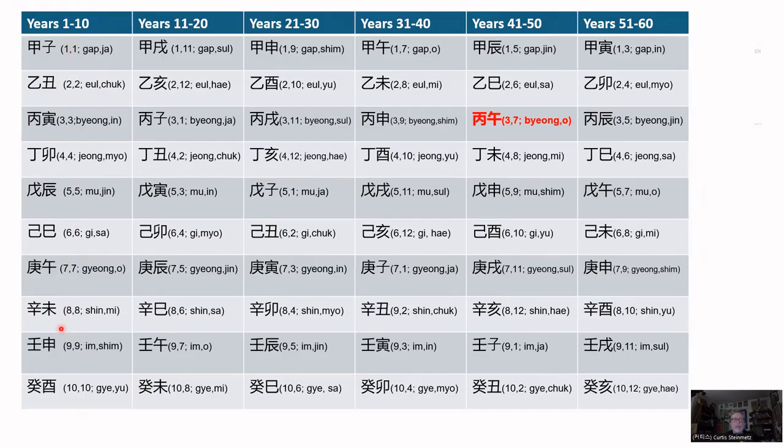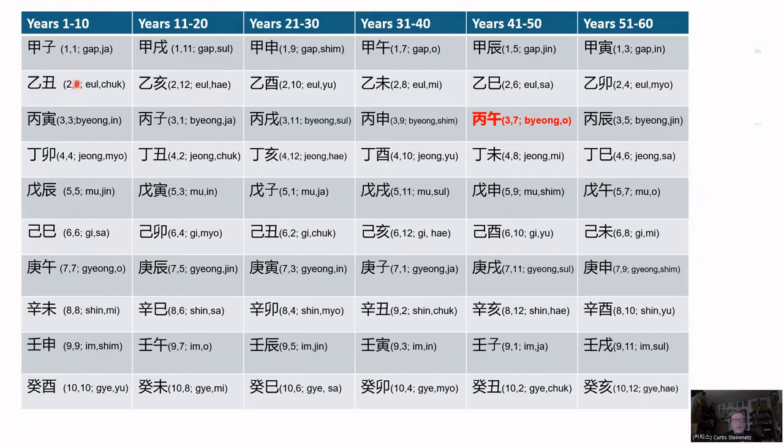Every time you use up all the heavenly stems, that's every 10 years, you start over again with Gap. But you always have more earthly branches than stems. So eventually, after you've gone through 60 years, you're now matching up. See, here's one.